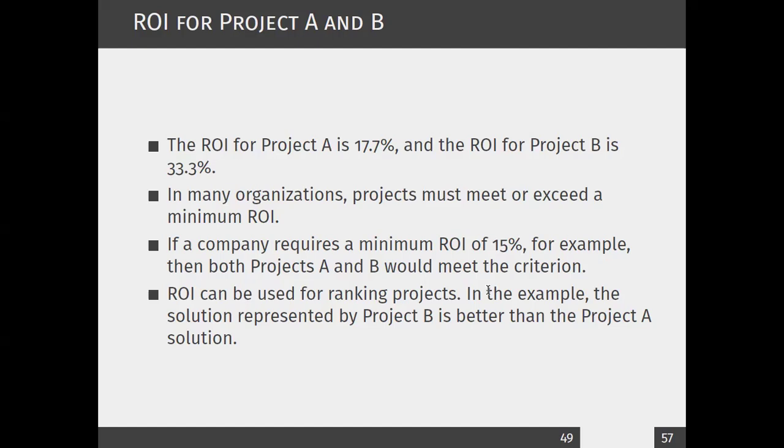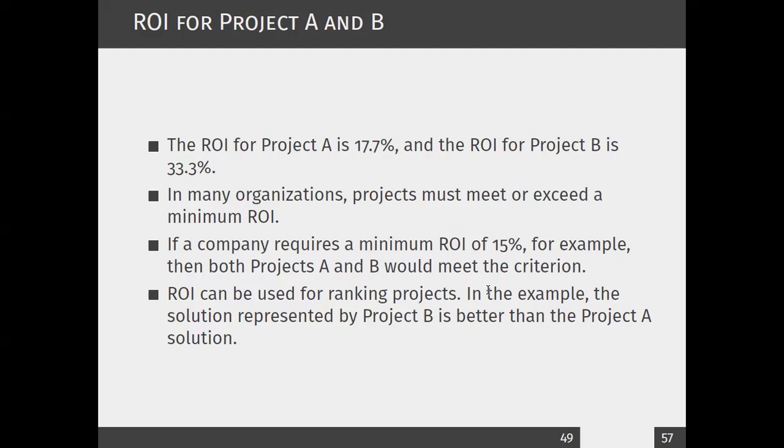In our case, both project A and project B meet the criteria. So the company can select either of these two projects since both meet the minimum ROI. But you can say that project B is better than A. But remember, both meet the minimum criteria.